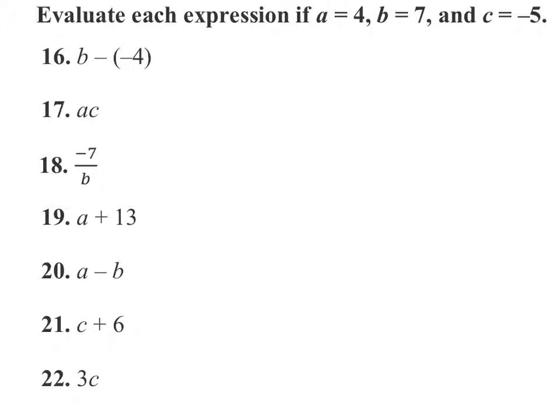So B is 7, and then 4, and you change the negative sign and the subtraction sign into an adding sign, and then it equals 11. Bam! 16 is 11. Excellent work.